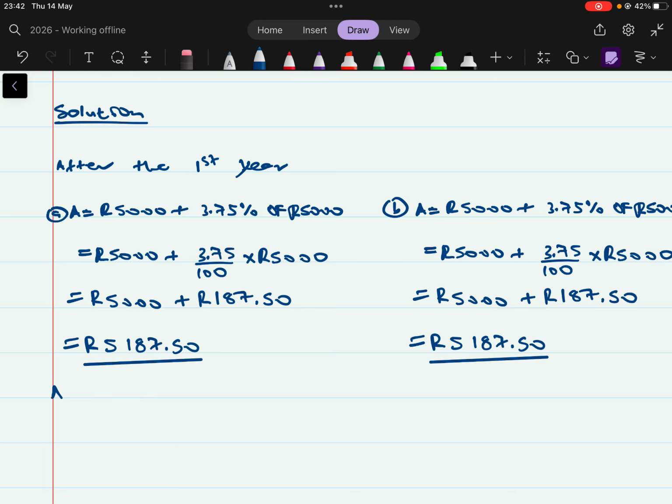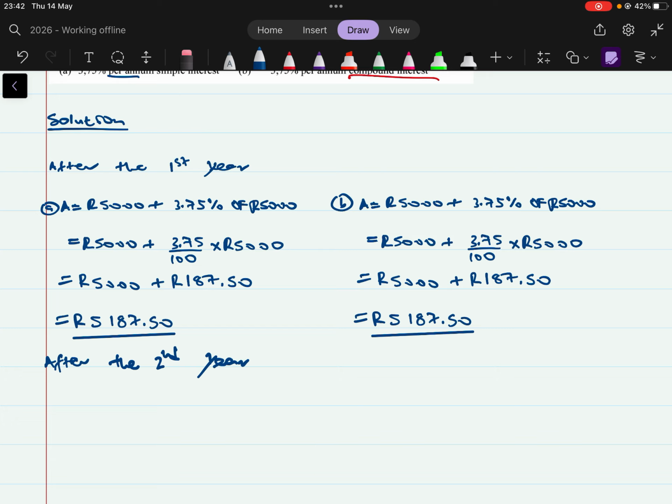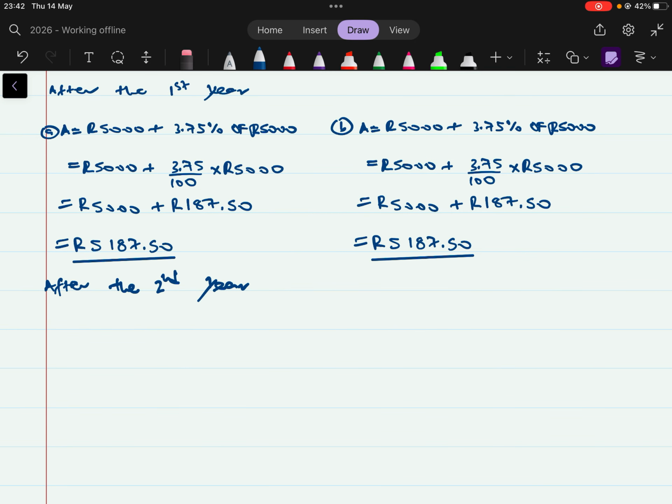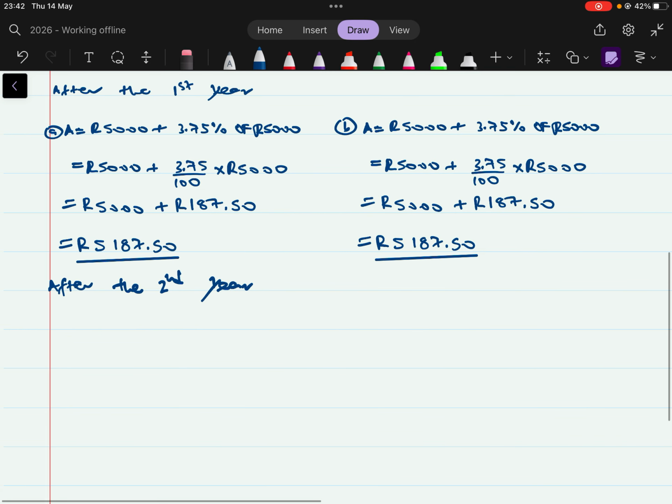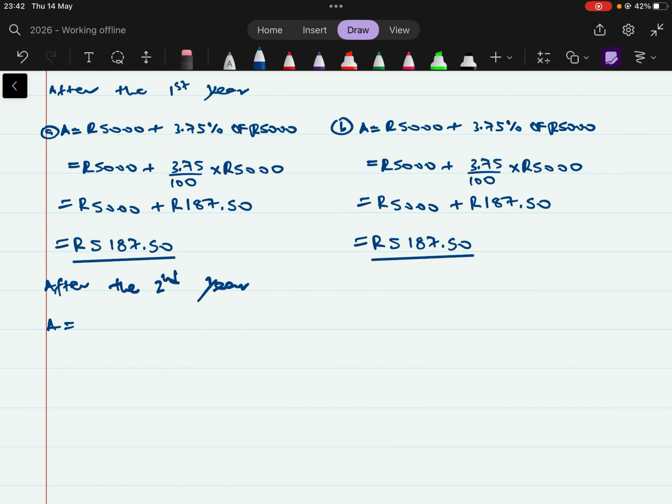So let's look at after the second year as to how this will differ, because that's where compound and simple interest start to differ. So after the second year, the accumulated amount will now be, with the simple interest, this amount of R5,187.50 plus 3.75% of what?